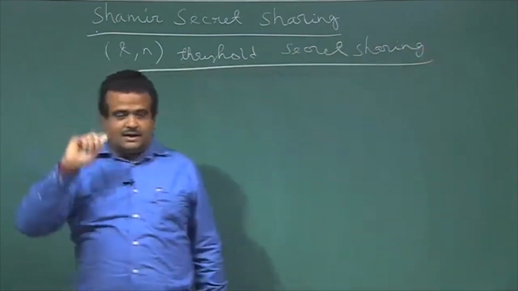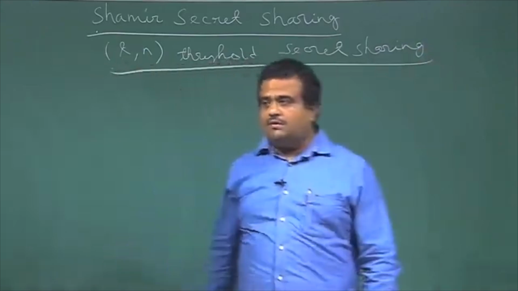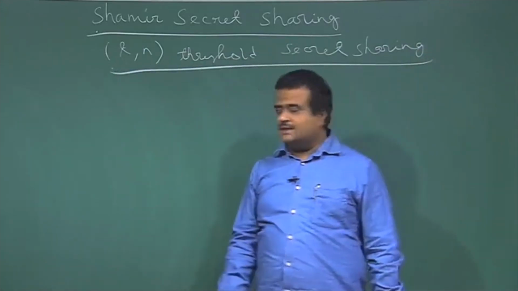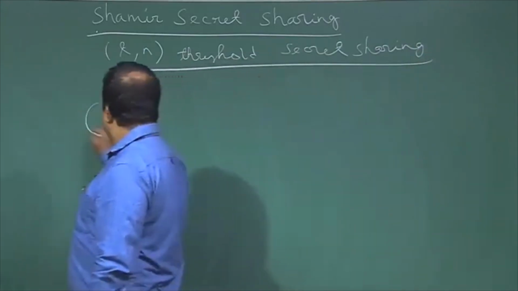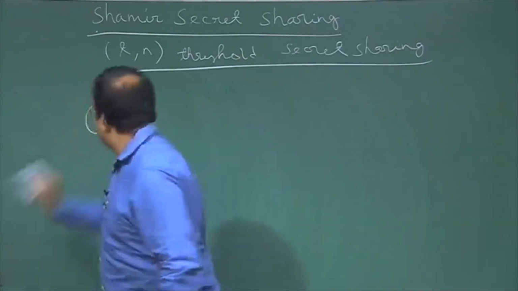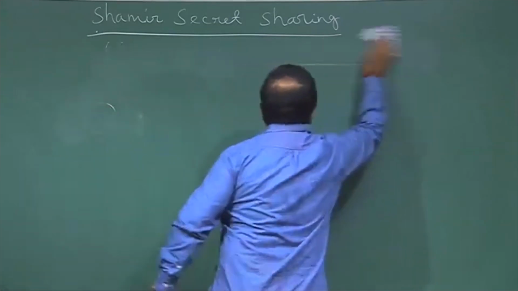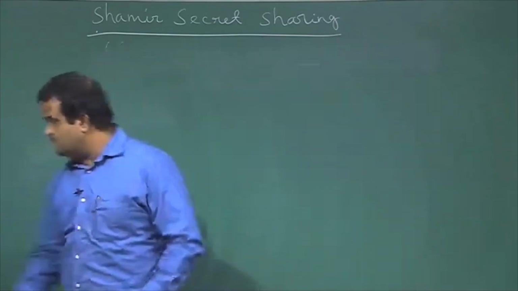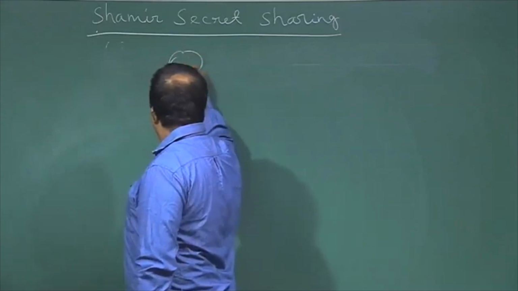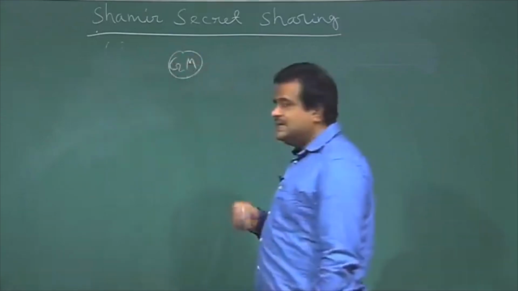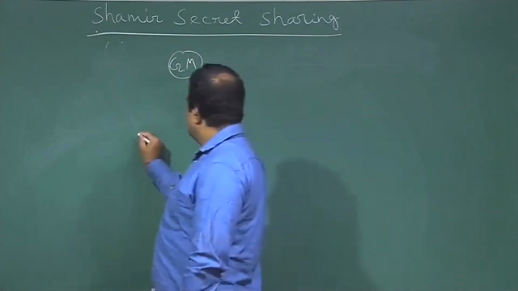So basically, there are n users or n participants, and there is a group manager, or the leader, or dealer.